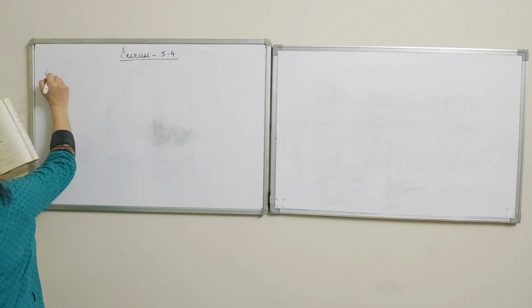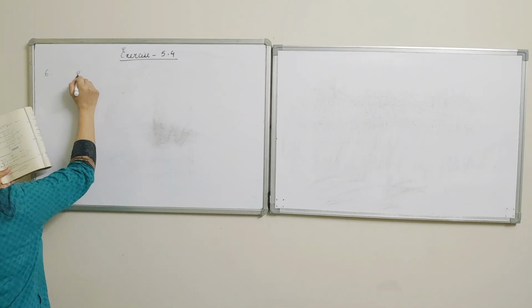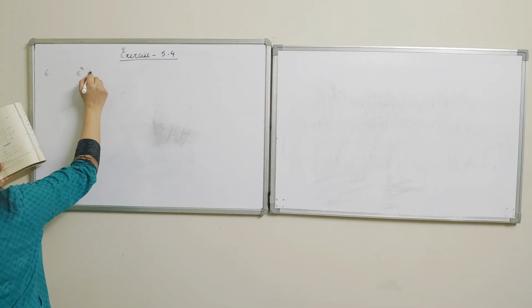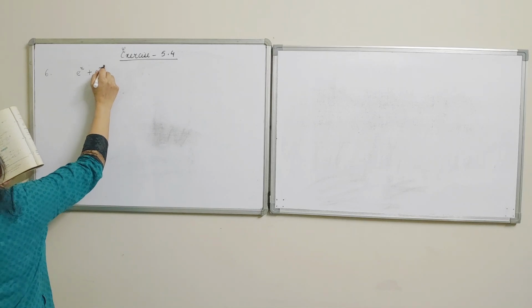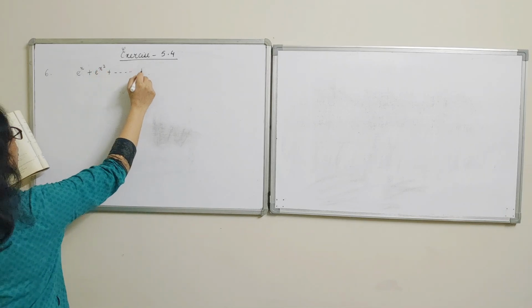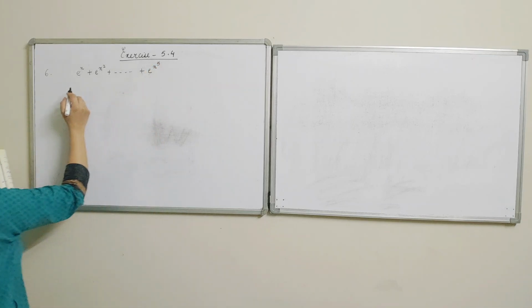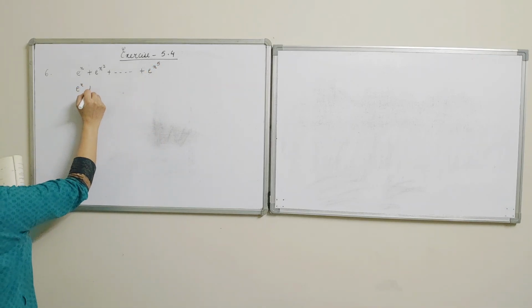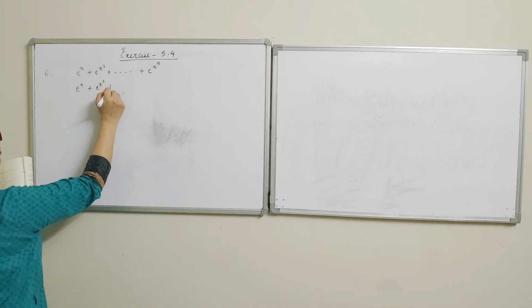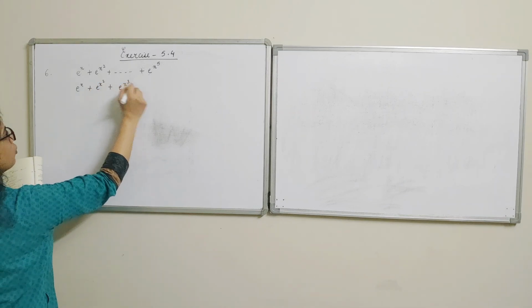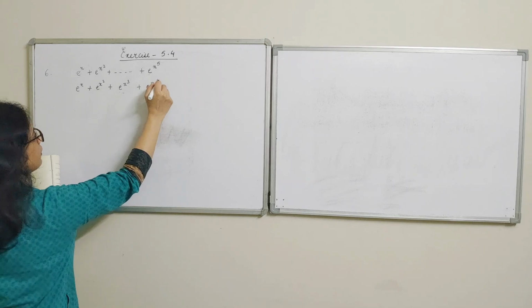So next let's try question number 6. It is e to the power x plus e to the power x square and so on till e to the power x5. Okay, so here I will just write down all the terms which are missing from here. Only 2 terms basically.